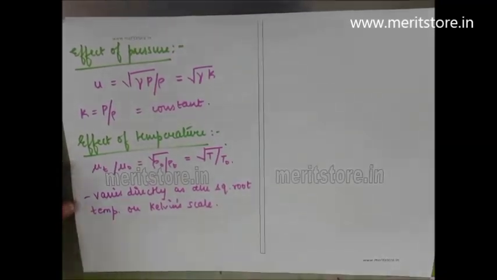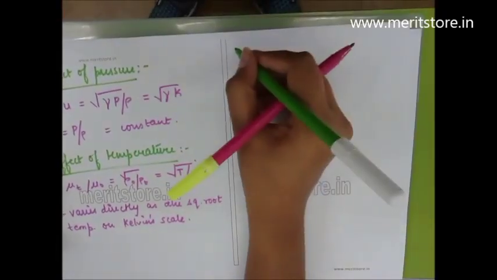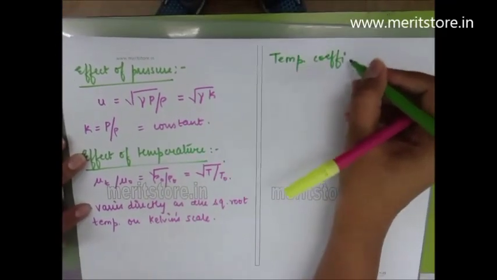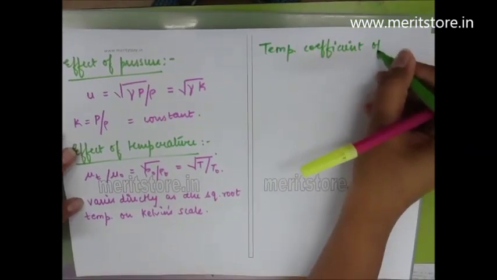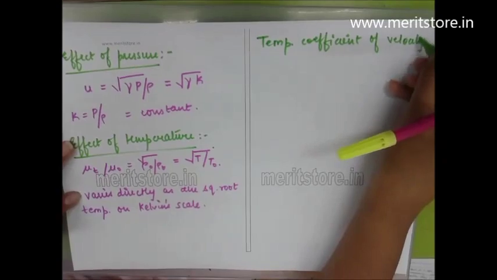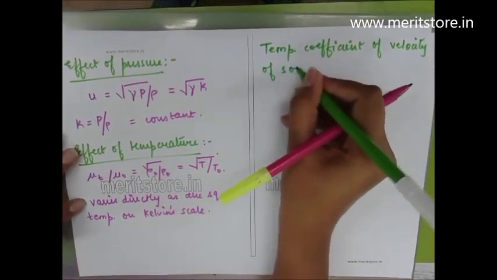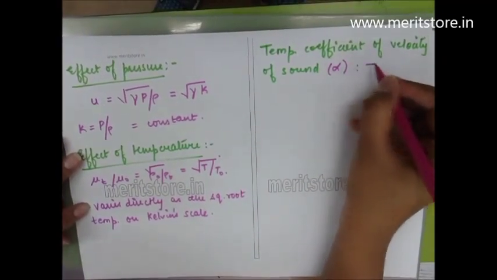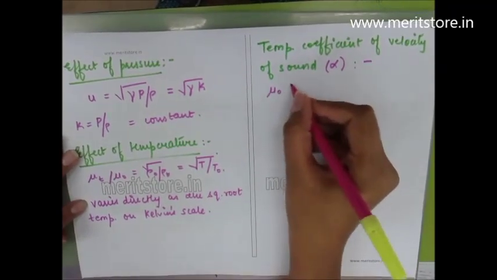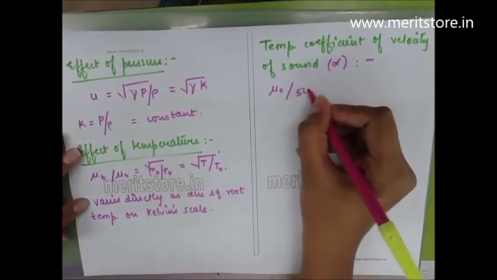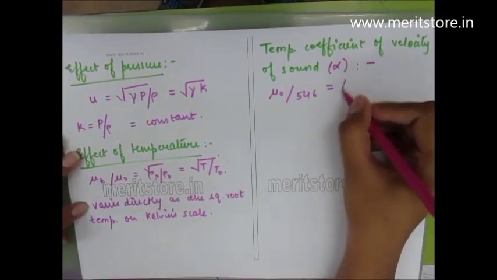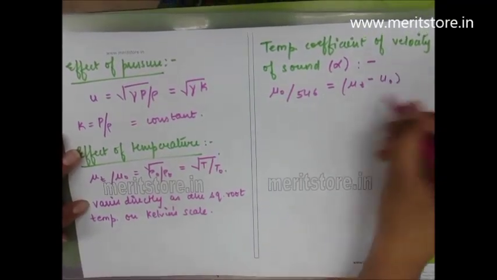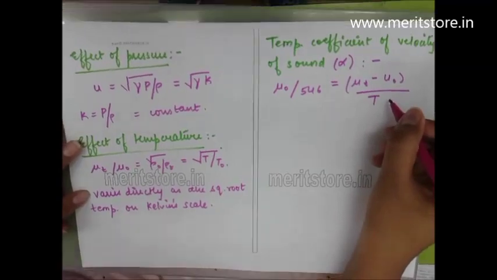The temperature coefficient of velocity of sound, which is denoted by alpha, is given as u0 upon 546, which is equal to ut minus u0 divided by t.